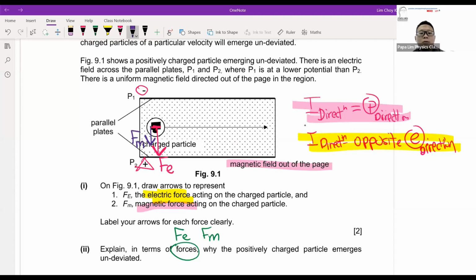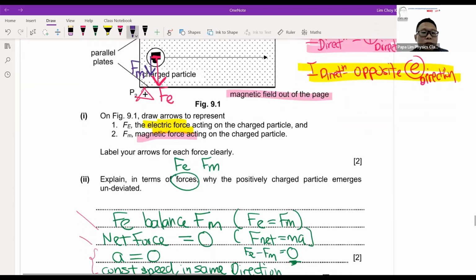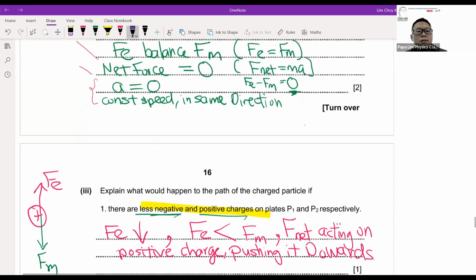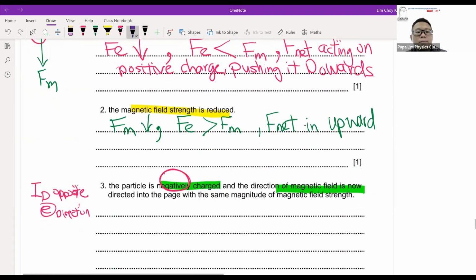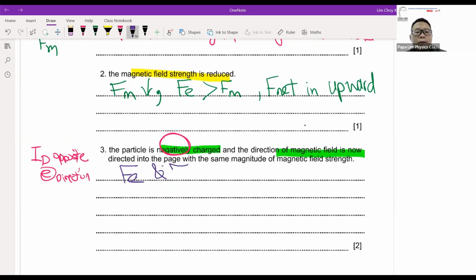So in this case, with electrons, the same magnetic field lines, and the same electric plates P1 and P2, you'll find that the forces acting on the electron are both downwards. FM and FE are both pointing downwards.